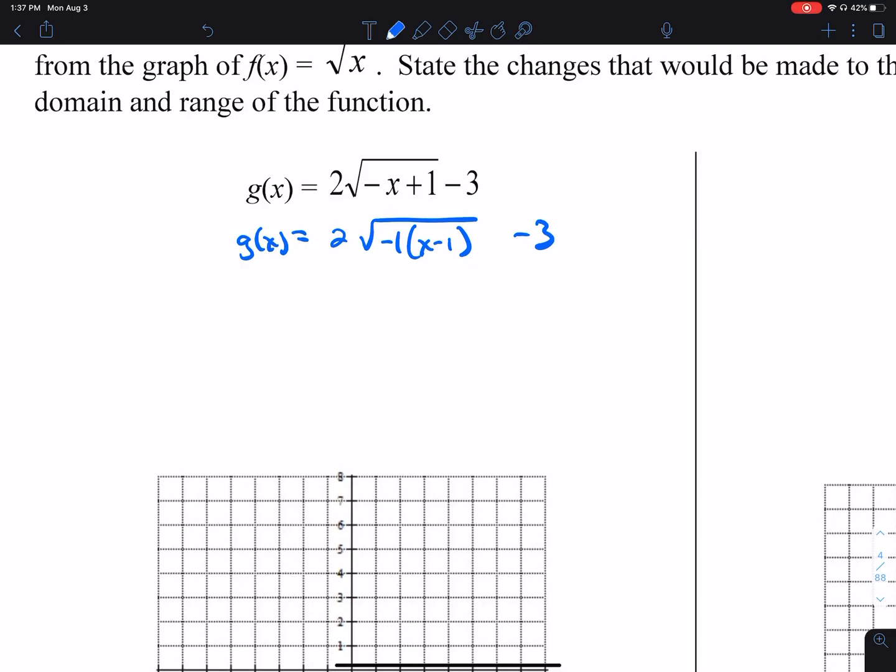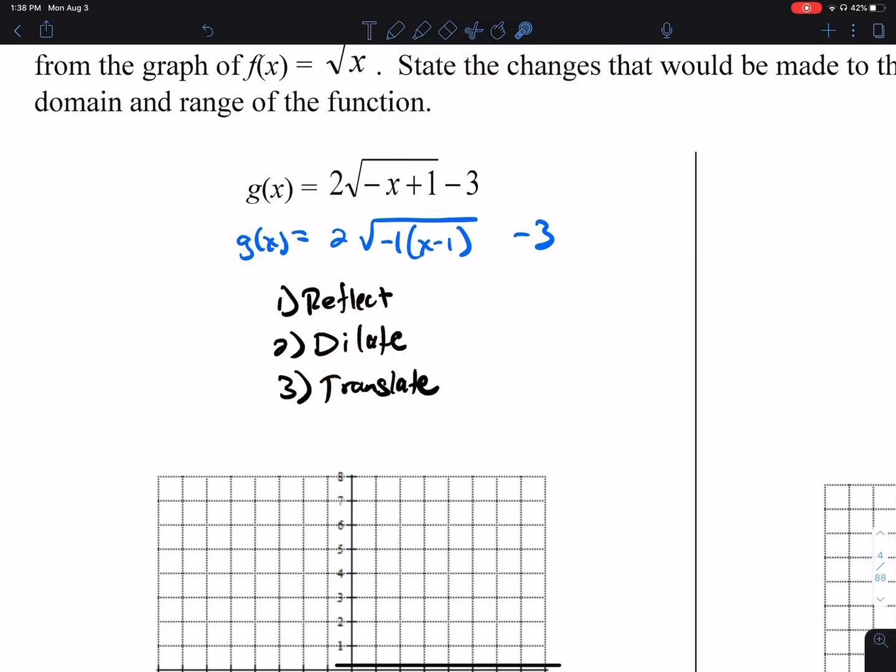When we do these, we always want to do these in the same order. We're going to do them in the order of reflect, dilate, translate. How are you going to remember that's the order? Right here, RDT, really dumb teacher. That's the order. Are there any reflections in this?